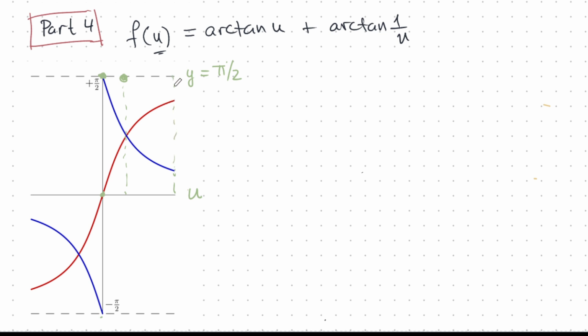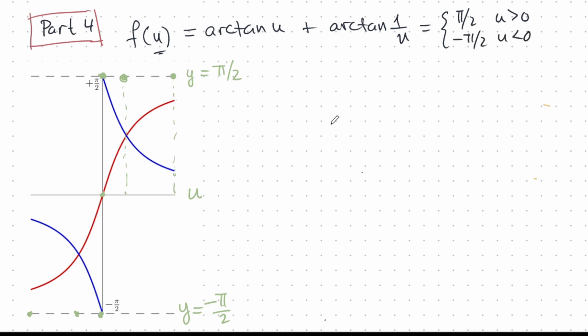It gets higher by magic. I get another point. So it seems that all these points, when you add them, I'm always going to get a constant pi over 2. And likewise here, you can do the same kind of study. The points should be on the line minus pi over 2. That's very interesting. So we can conjecture this: pi over 2 when u is greater than 0 and minus pi over 2 when u is less than 0.